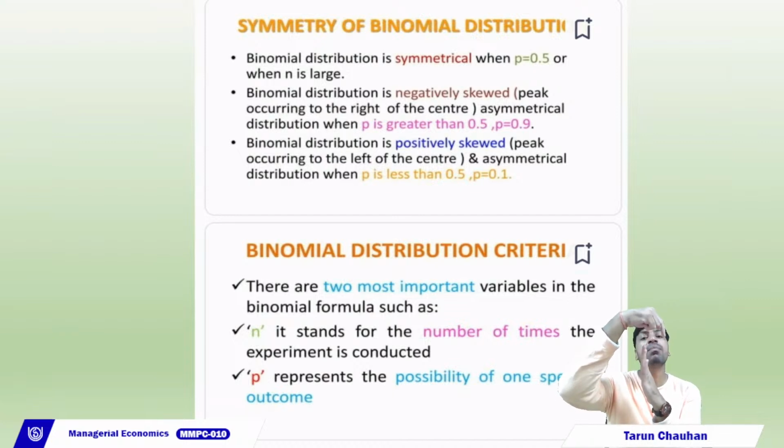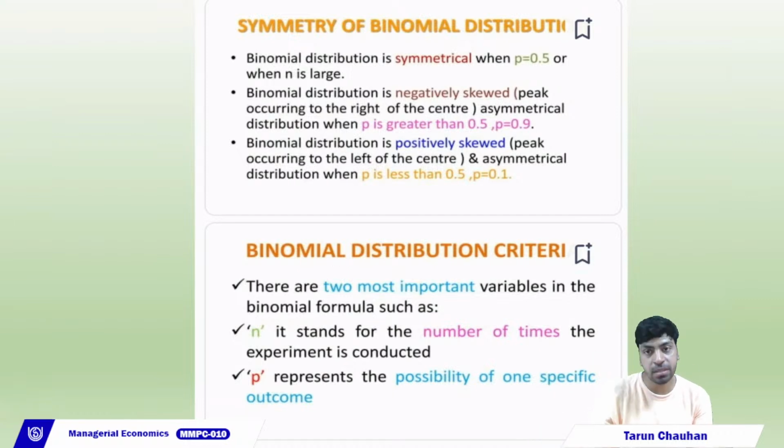That means if the p-value is less than 0.5, it's called positively skewed. When the p-value is greater than 0.5, it is negatively skewed. So whatever value p comes to, this is how to interpret the binomial distribution values.